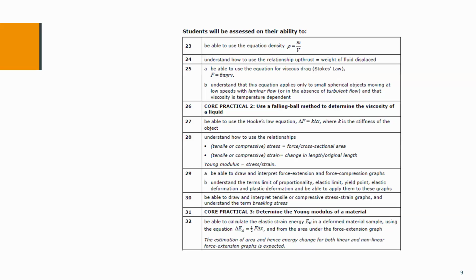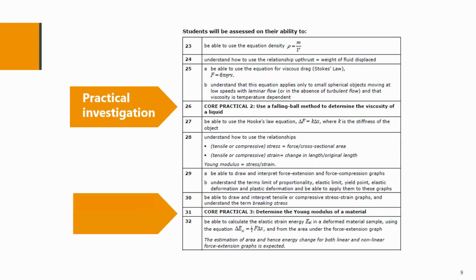This is a page from the content section in 1.4 materials, indicating how the core practicals are shown. You can see, if I highlight with an arrow, that the core practicals are identified in bold in this specification. There'll be more on the assessment of practical skills later on in the presentation. One down here too.